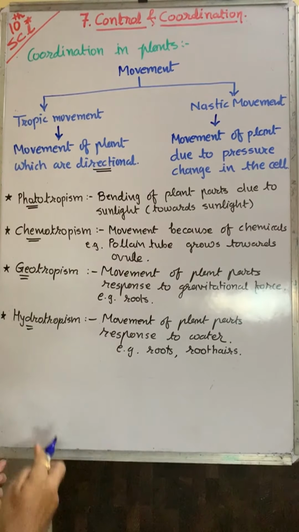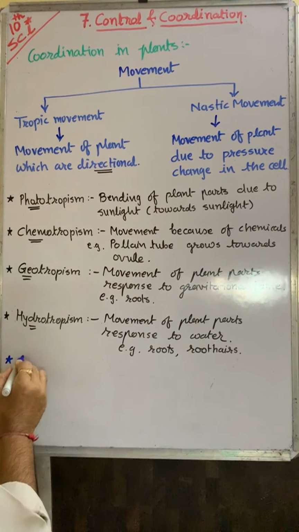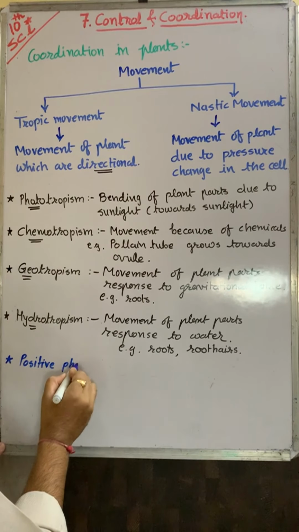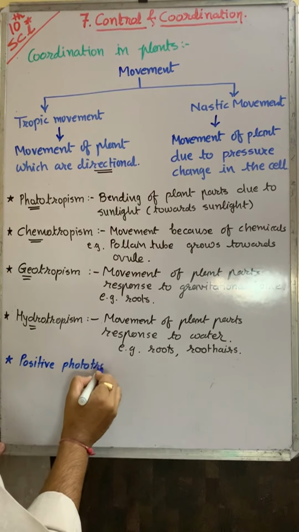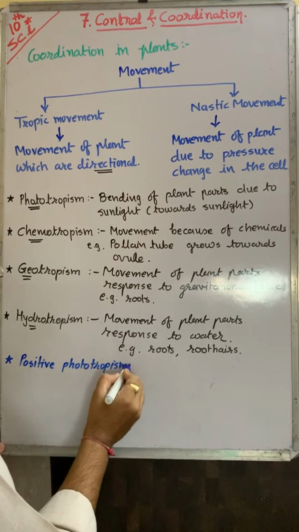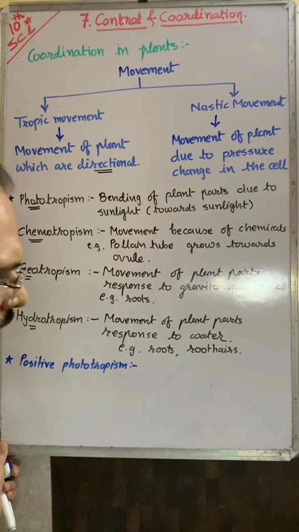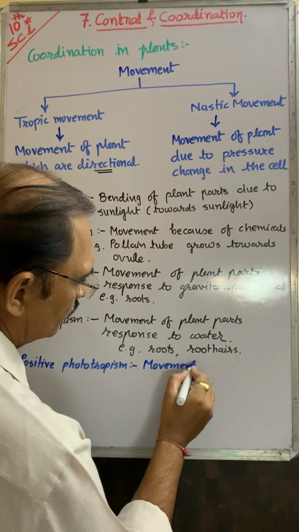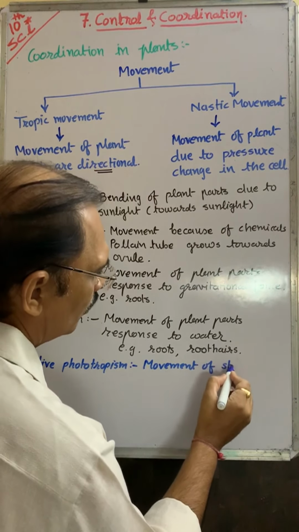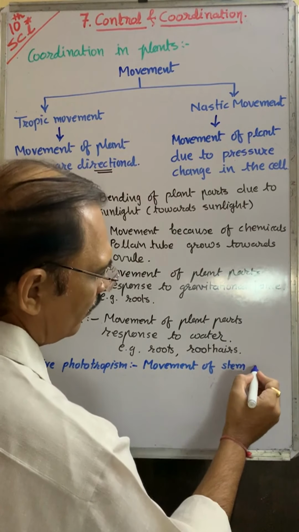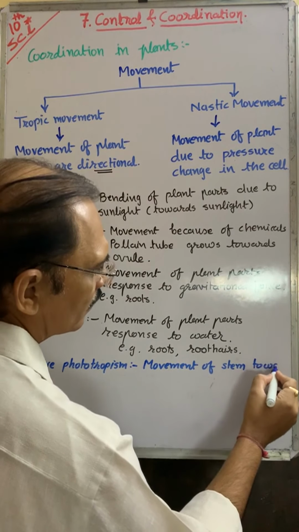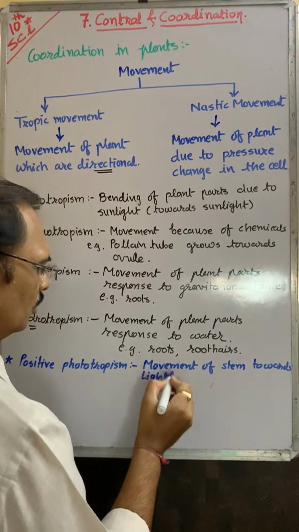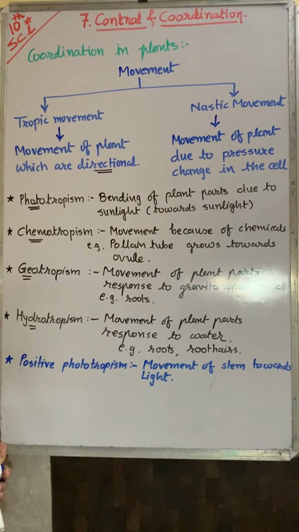So what is positive phototropism? It is the movement of the stem towards light.